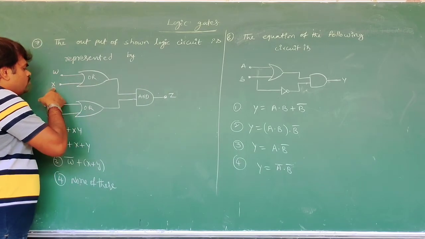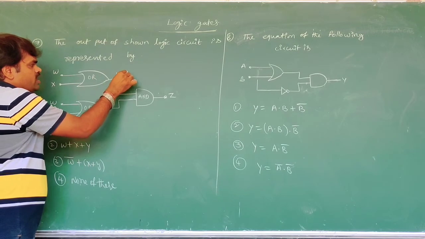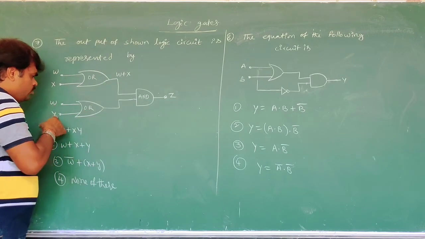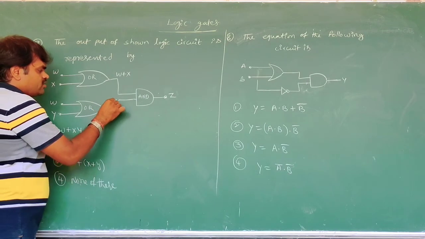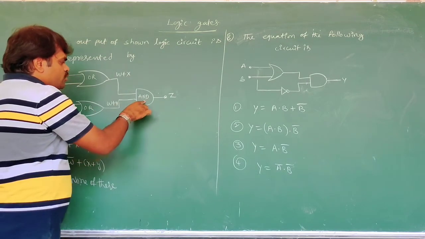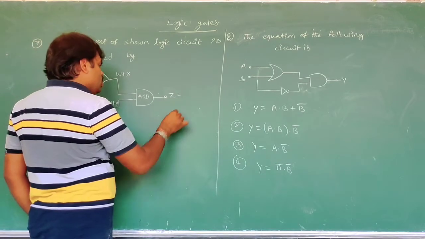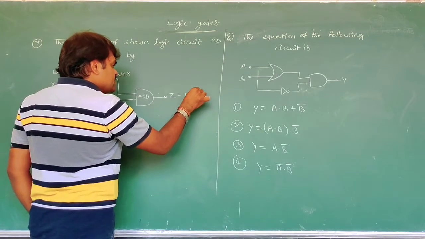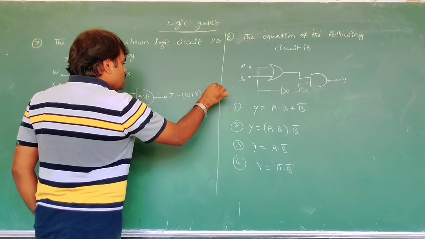Now W, X are the inputs of the OR gate, that's why you write W plus X. W, Y are OR gate inputs, that's why W plus Y. Now these two are the inputs of the AND gate. Then you write Z is equal to W plus X dot W plus Y.